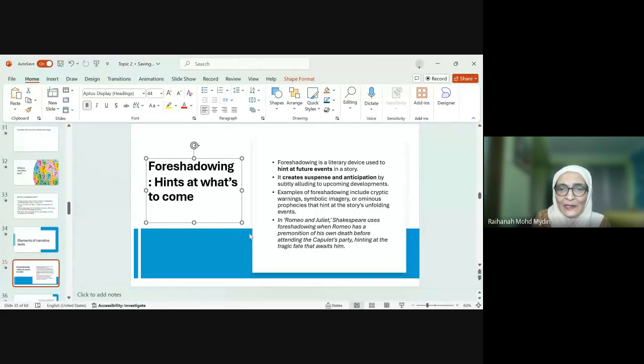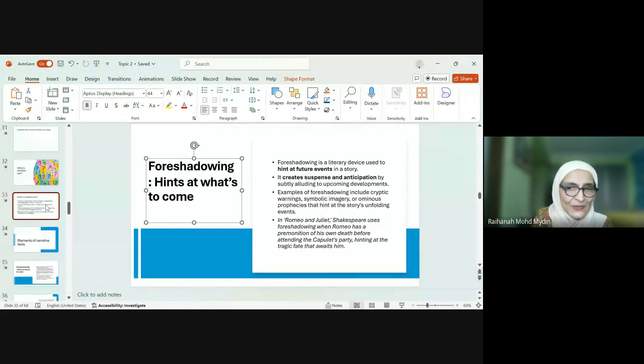One aspect of good storytelling is foreshadowing. Now, what's foreshadowing? Foreshadowing is when there is a kind of hint of things to come. You're reading a particular part of the story at the beginning, and sorry, just now I said foreshadowing.